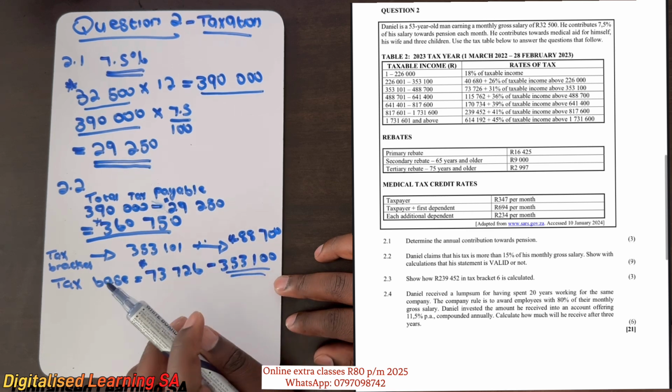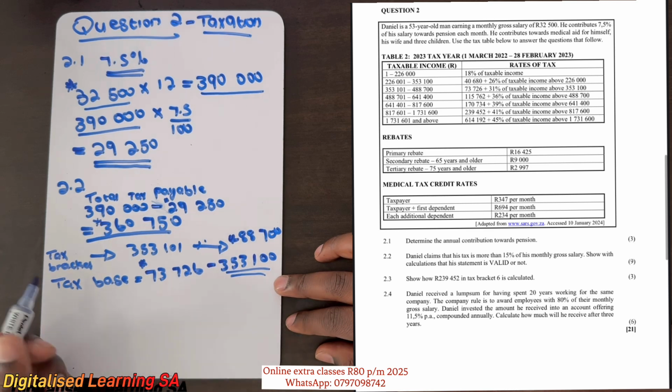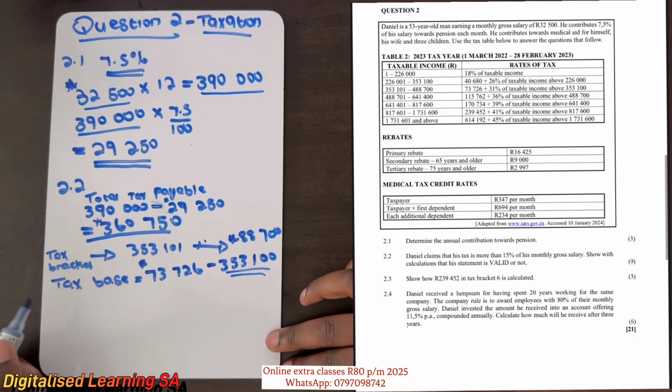So they've already calculated 353,100 for us, meaning that we need to calculate the balance. How do we get the balance?